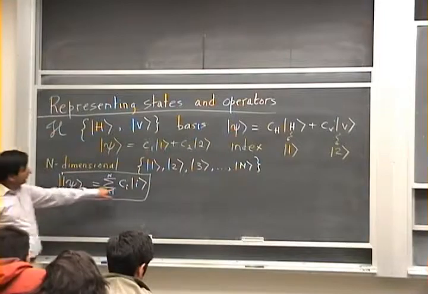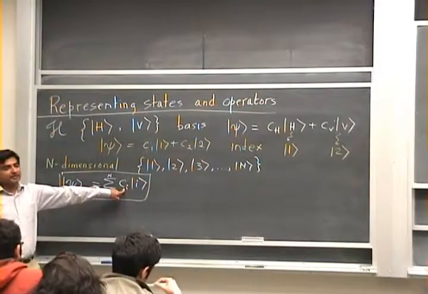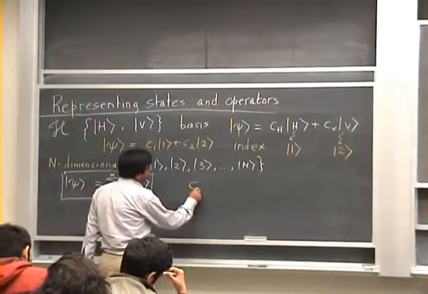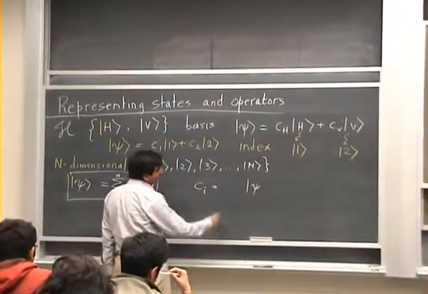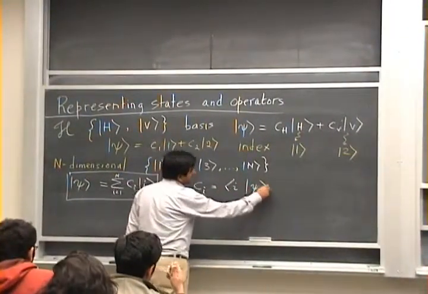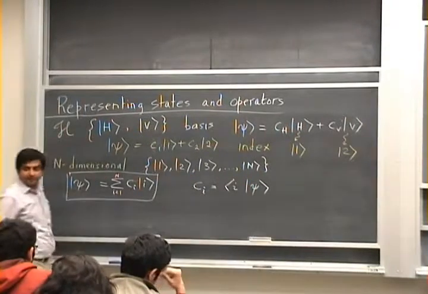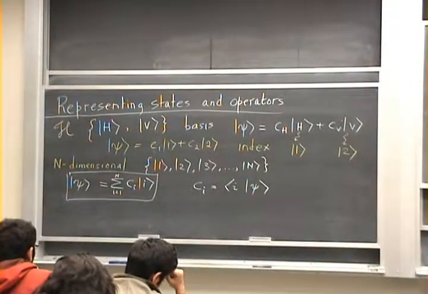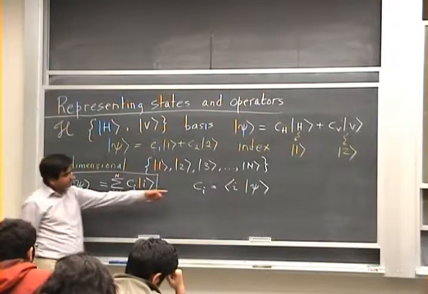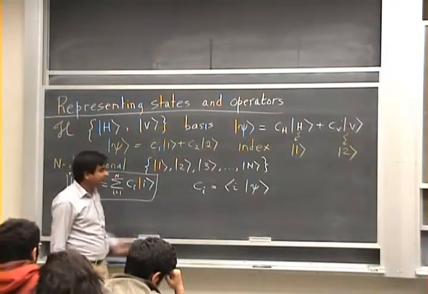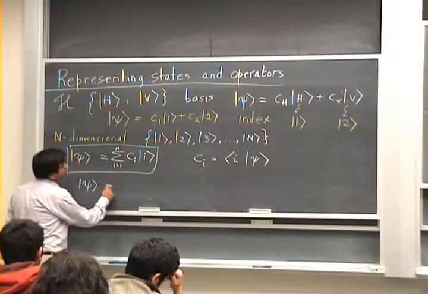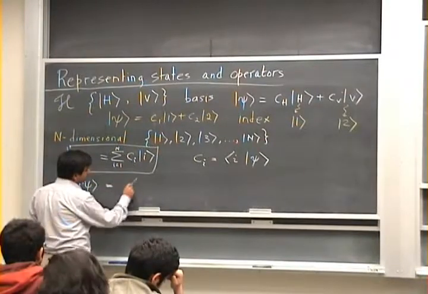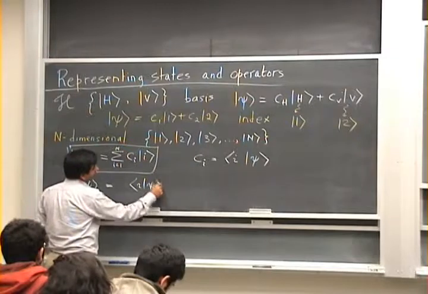Alright? And this coefficient, which is called a probability amplitude, Ci, is simply the inner product of the state with the basis vector. Right? Any confusions for this point? Alright. So the quantum state can also be written as this, with Ci replaced by the inner product.